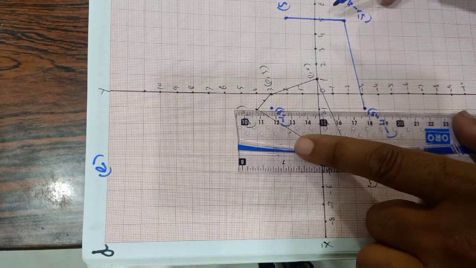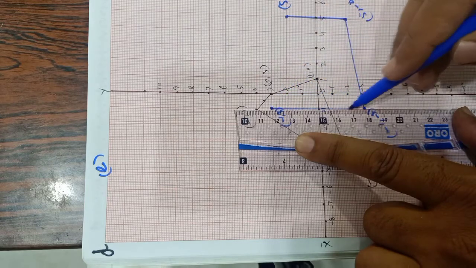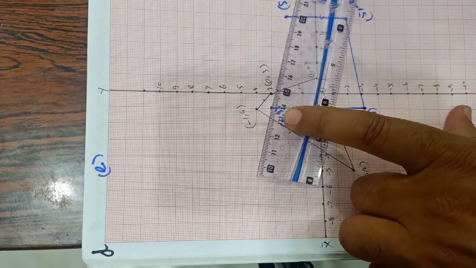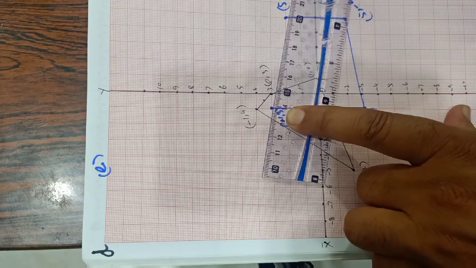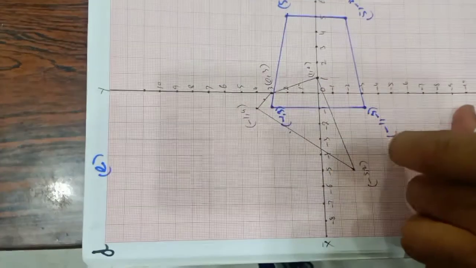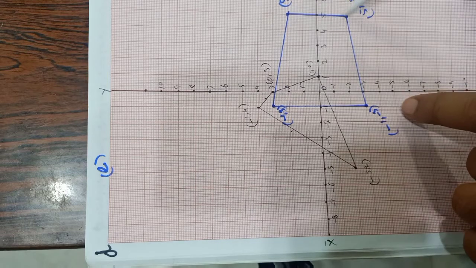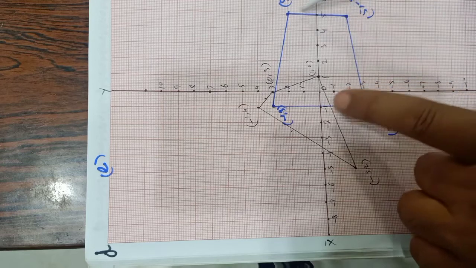When we join these four straight lines, if you look at this figure drawn with the blue marker, these two lines are parallel, whereas these two lines are non-parallel.